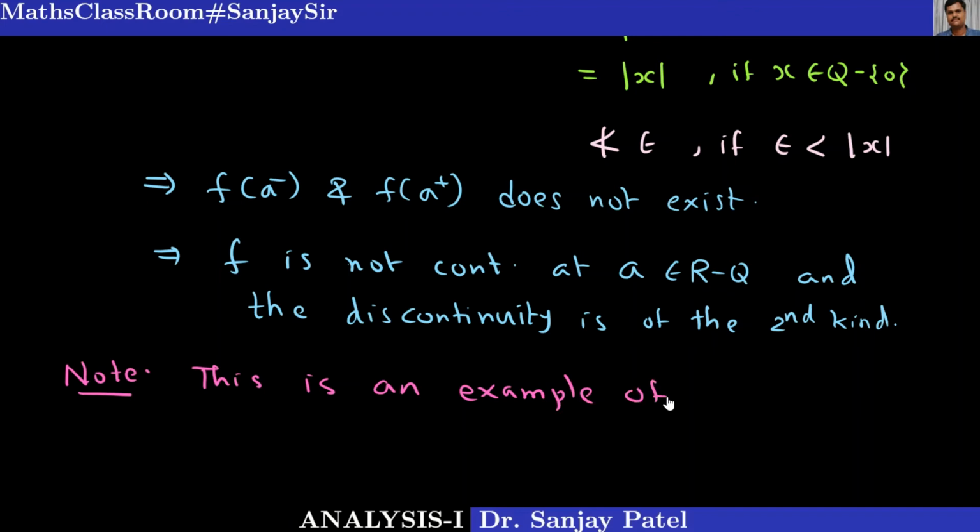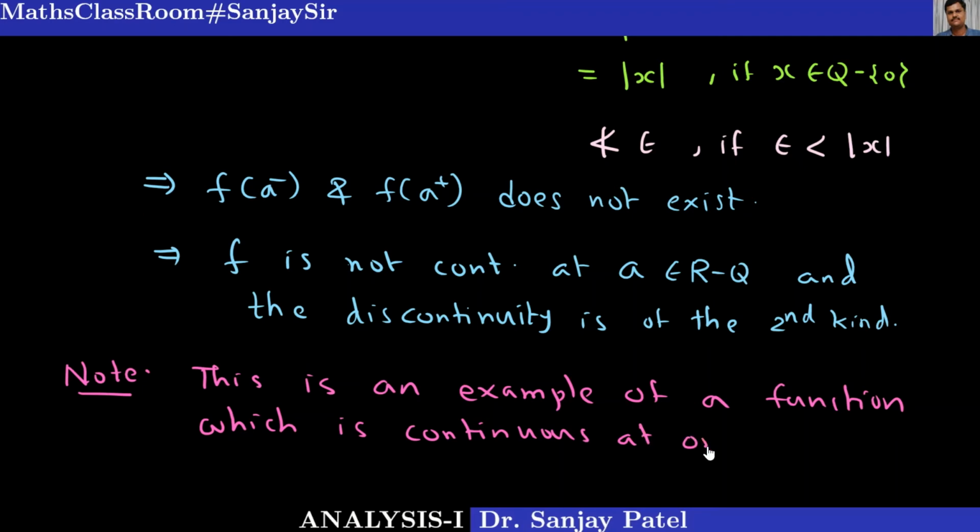This is an example of a function which is continuous at only one point. So that is important. It is discontinuous elsewhere, but continuous only at 0. Okay. Let us go to the next interesting problem.